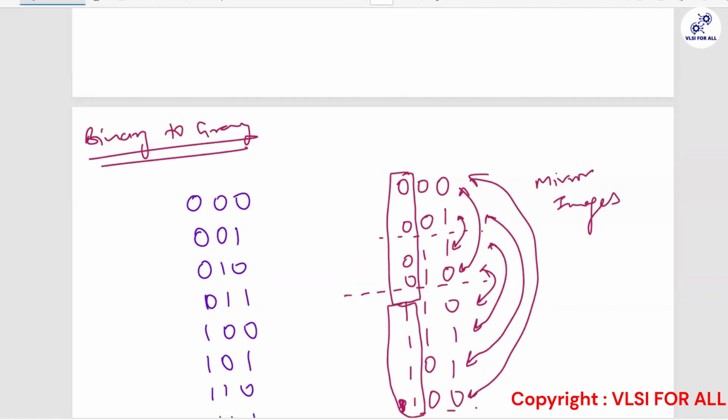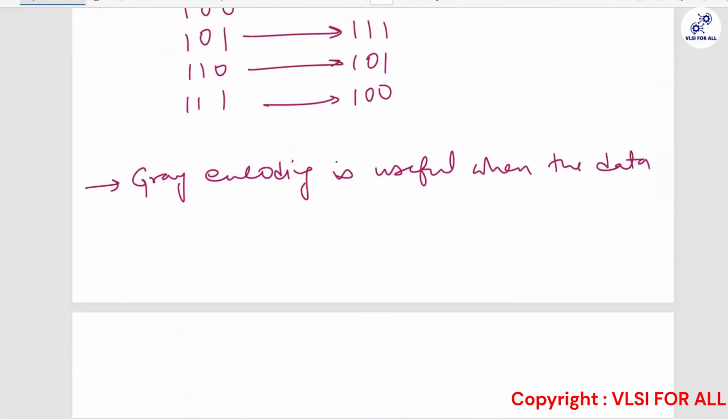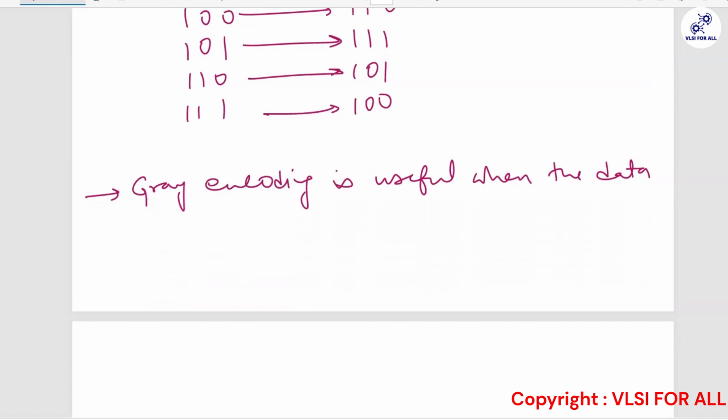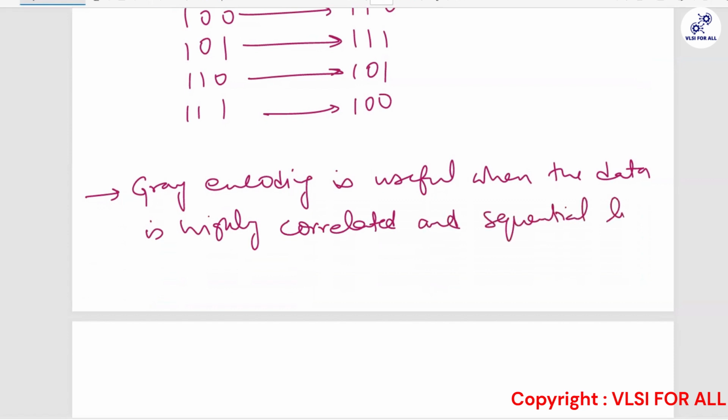So what we are saying is gray encoding is useful when the data is highly correlated and sequential, like instruction addresses.